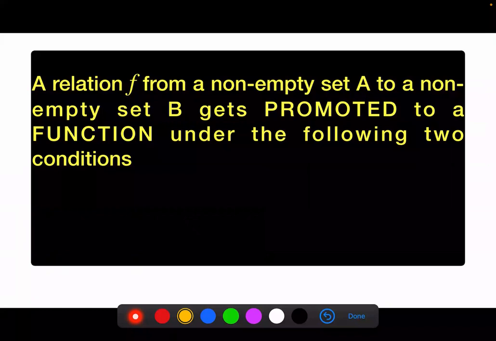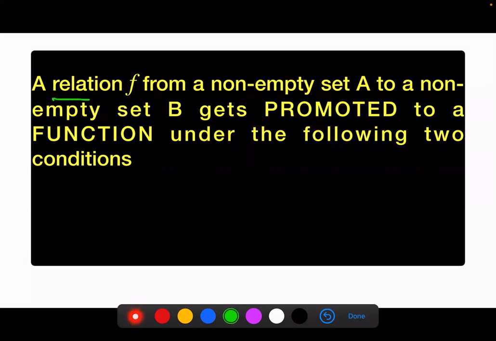So again, I'm trying to repeat this idea. So what are we saying? Relation is a function. Not all relations are functions, but a function is a relation, isn't it? So a relation F from a non-empty set A to a non-empty set B gets promoted. Okay. So we are saying now a relation is getting promoted.